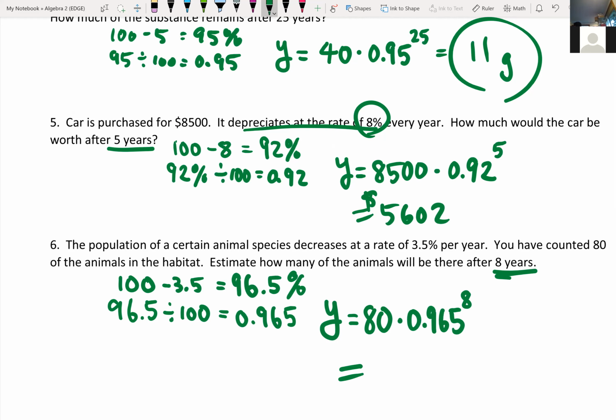To the 8th power, you get 60. What's the unit? Animals, 60 animals. Did you get 56?